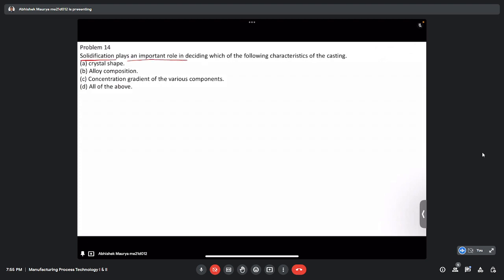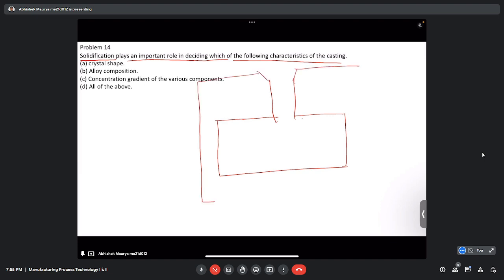Solidification plays an important role in deciding which of the following characteristics of the casting. So let's make a mold. Now what will happen?